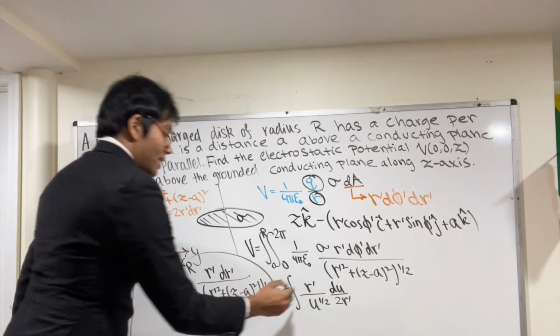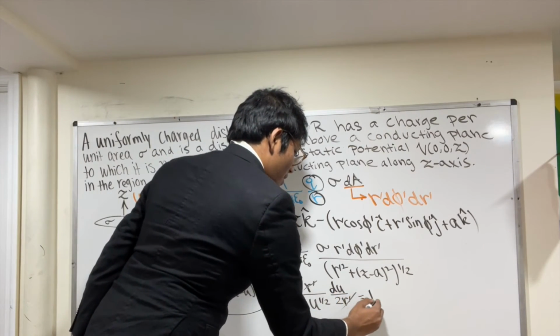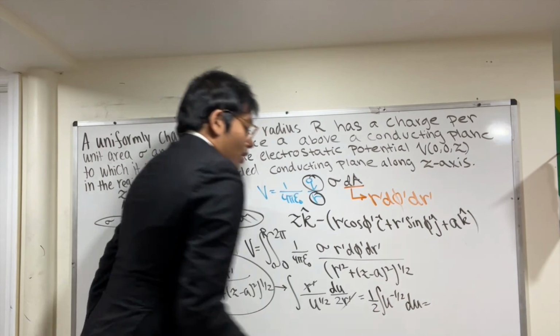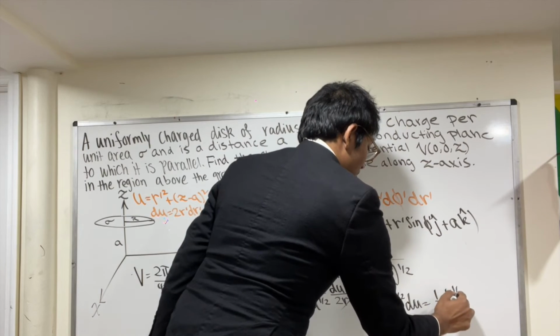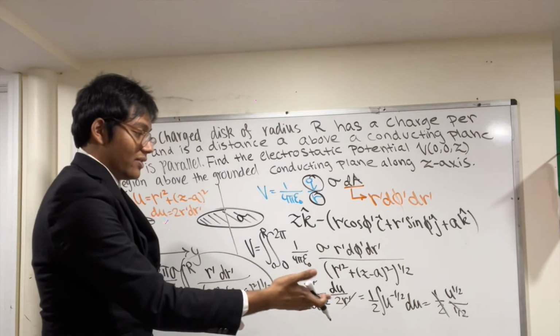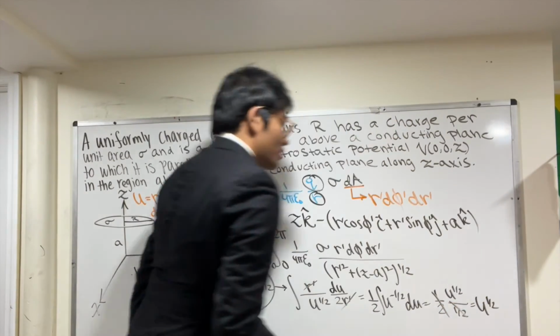Notice that the r primes cancel out, which was the whole point of the u substitution, leaving us with 1/2 of the integral of u to the negative half du. Well, what is the integral of u to the negative half du? It's u to the half over half. So these two cancel out, since 1 over half is just 2, which cancels out with the half. And so we're left with the integral being u to the half.